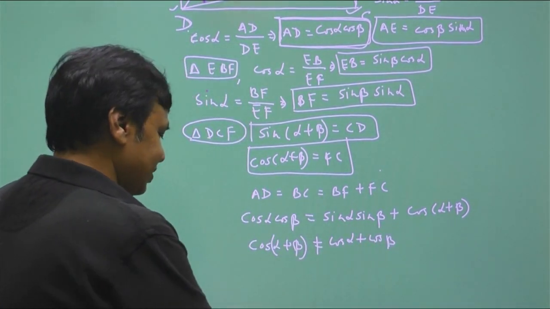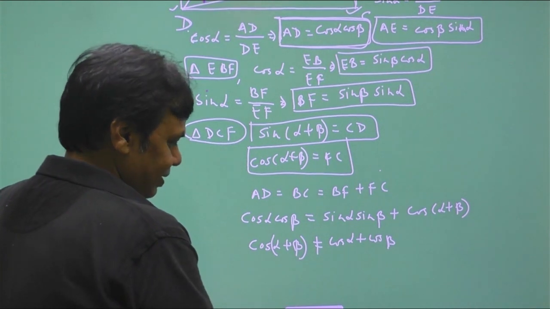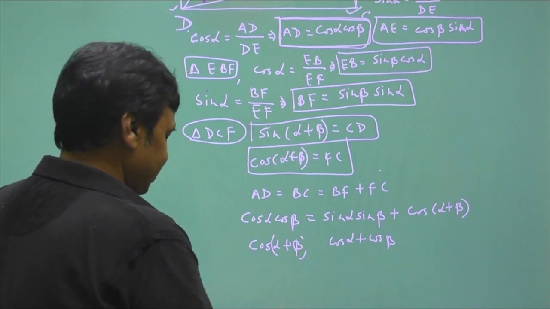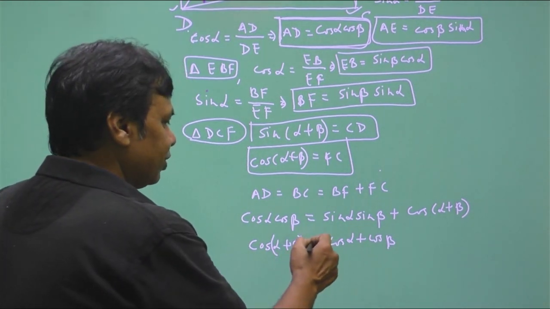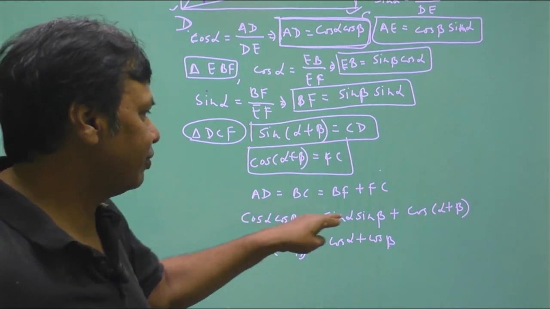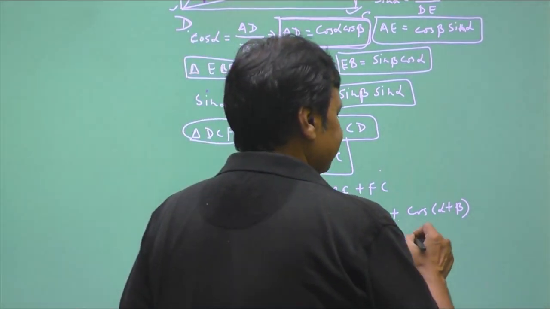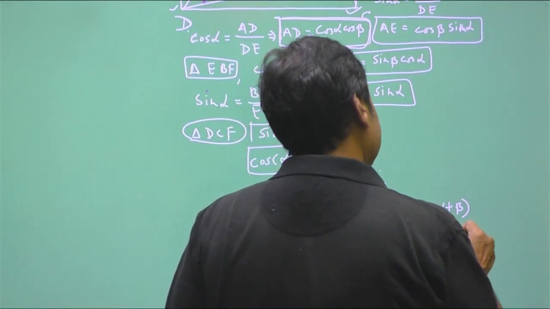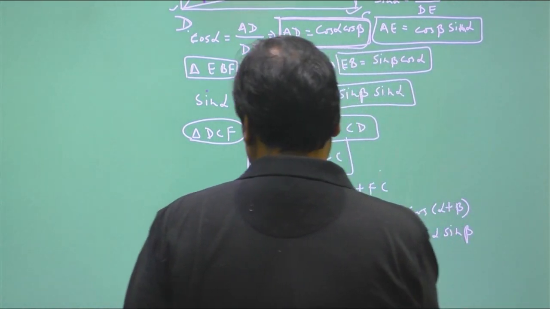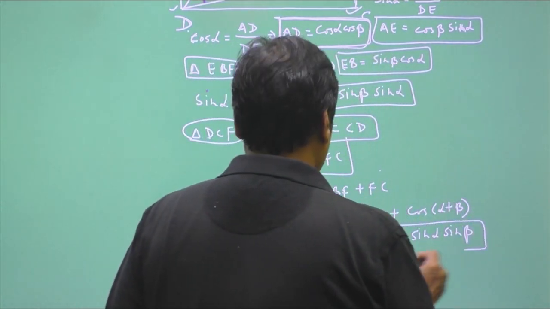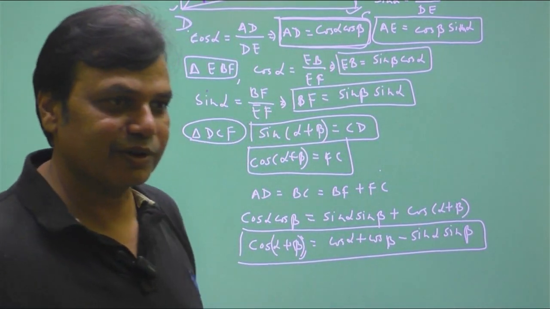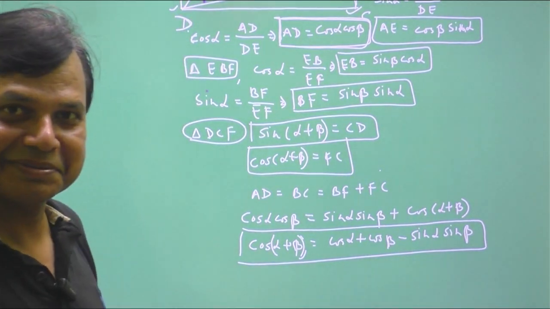Rather, cos alpha plus beta is equal to cos alpha cos beta minus sin alpha sin beta. I think I have proven the fact, right?